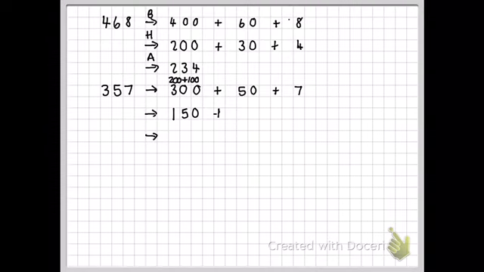Okay, same with the tens, except we don't go to the 100 before, we go to the 10 before because we're busy with tens. 40 plus 10 is 50. That's much easier to halve. What's half of 40? I know it's 20, and half of 10 is 5. So half of 50 is 25.